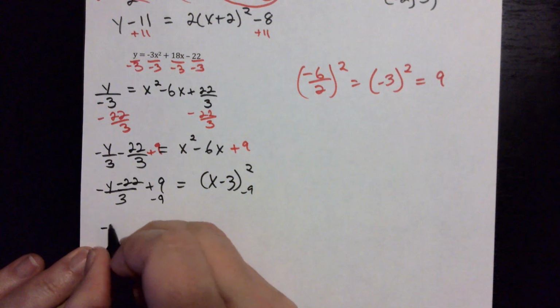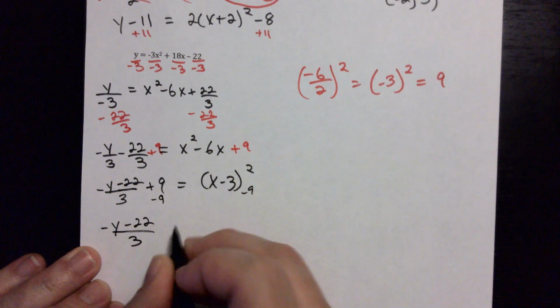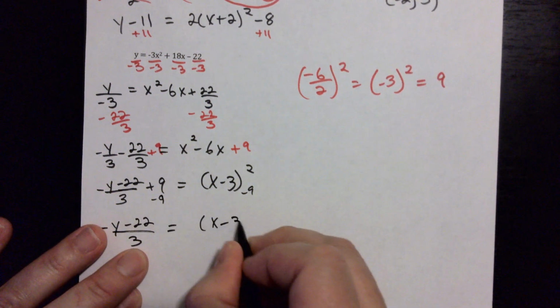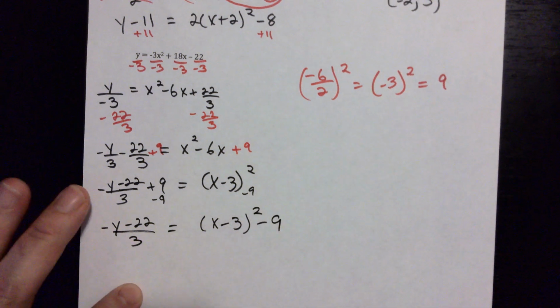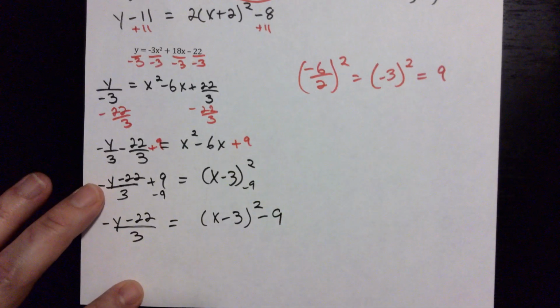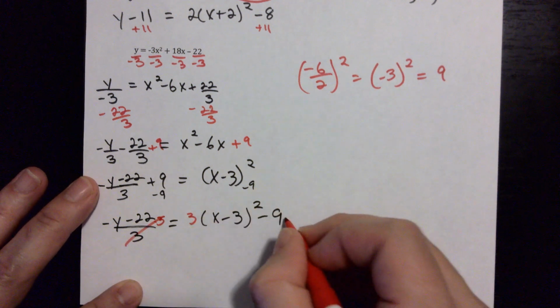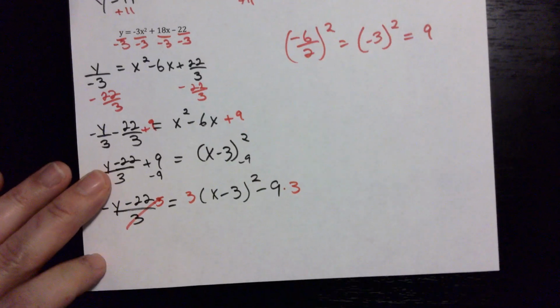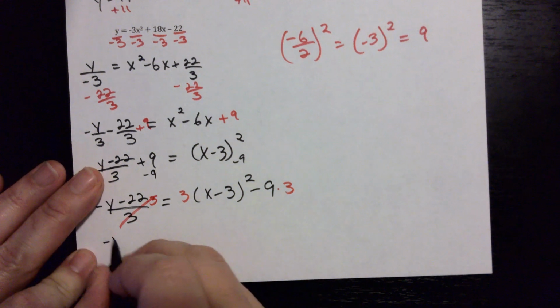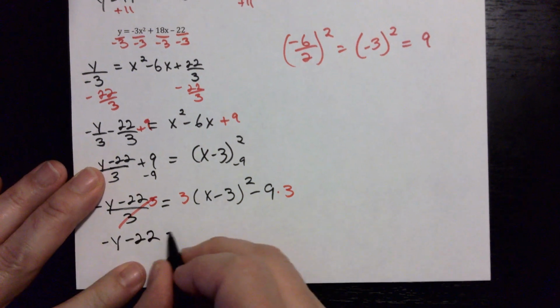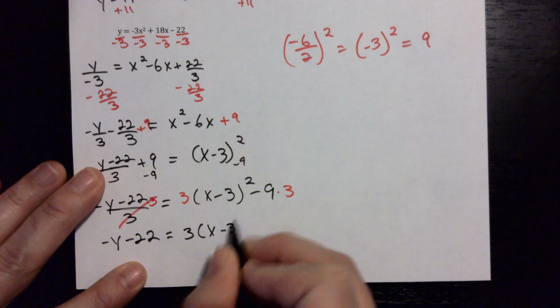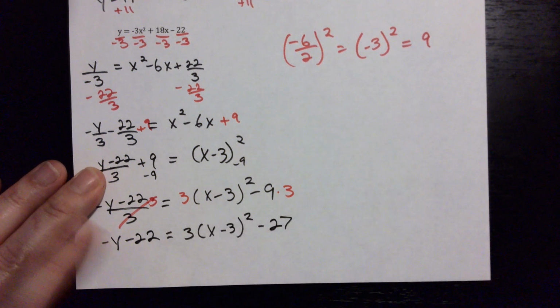Okay, so that gives me negative y minus 22 over 3 is equal to x minus 3 squared minus 9. And then I can multiply everything by 3, because it'll cancel right there. So times 3 and times 3. That will give me negative y minus 22 equals 3 times x minus 3 squared minus 27.